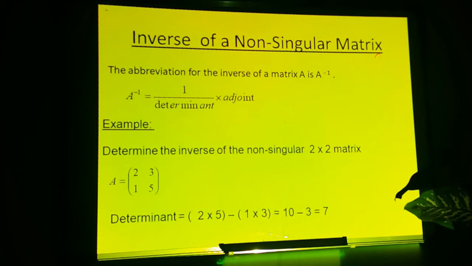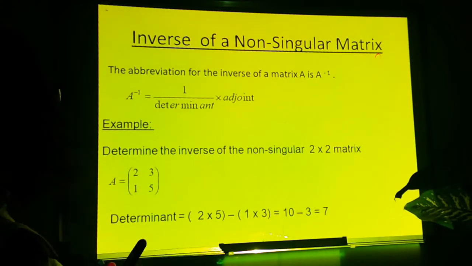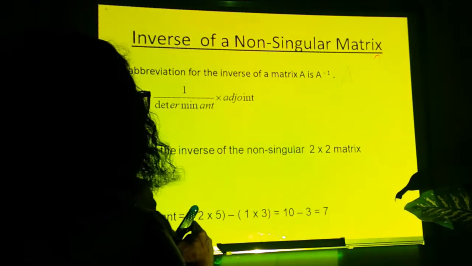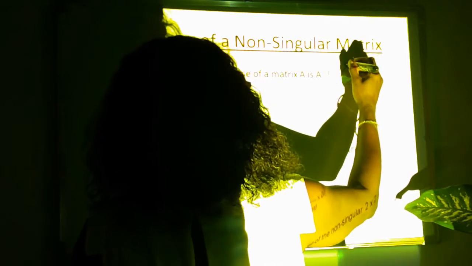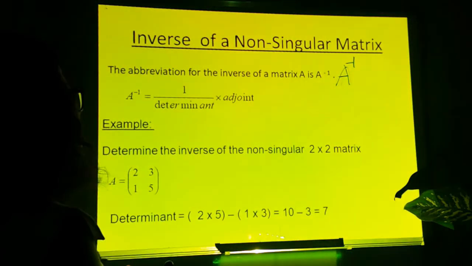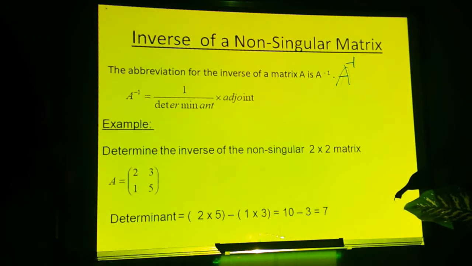Inverse of a non-singular matrix. Now, the abbreviation for the inverse of a matrix is A to the -1. It's a power. A to the -1 is the inverse.